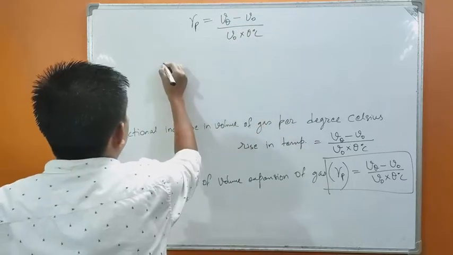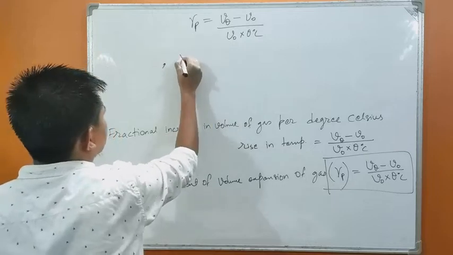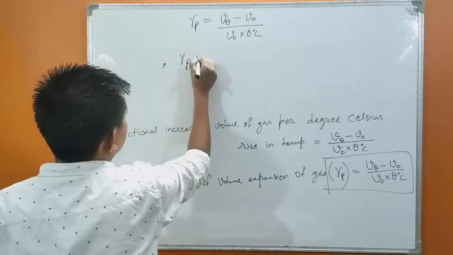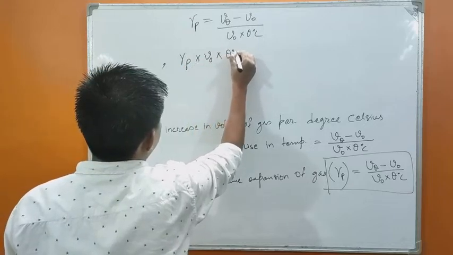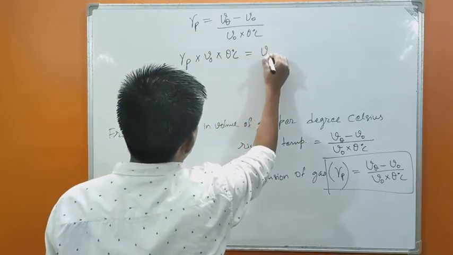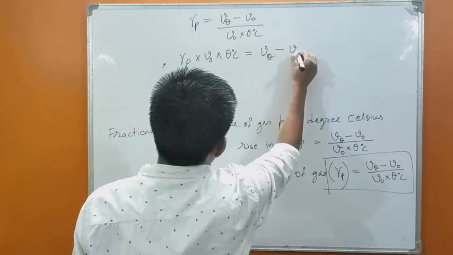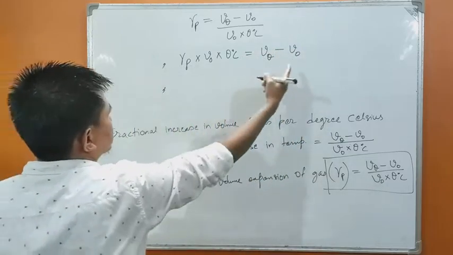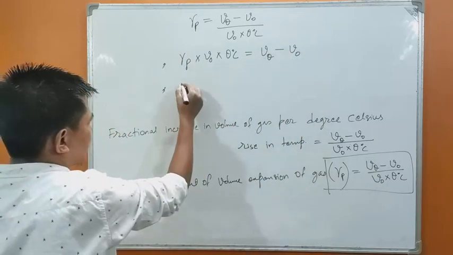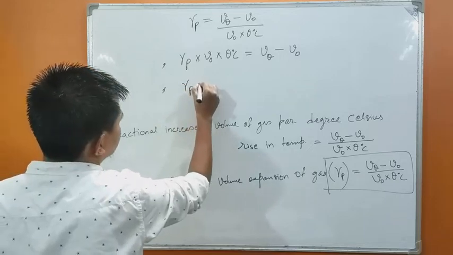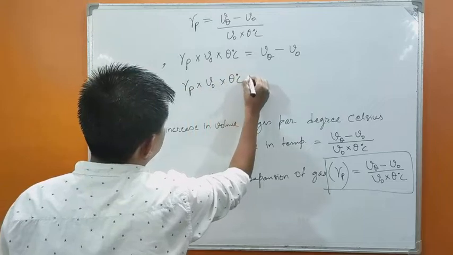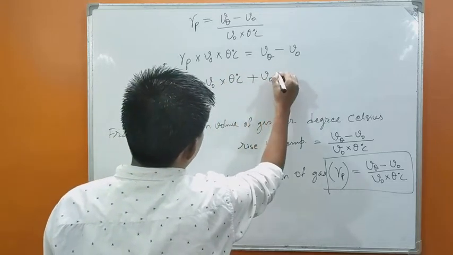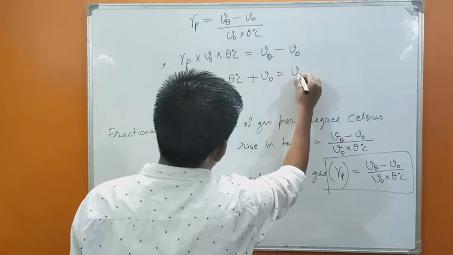Okay. Now let us cross multiply this. Gamma P into V naught into theta degree Celsius equals V theta minus V naught, isn't it? Let us bring this V naught to the left hand side: gamma P into V naught into theta degree Celsius plus V naught equals V theta.